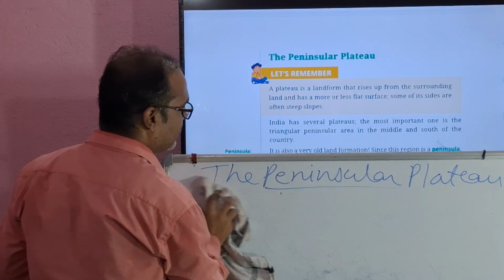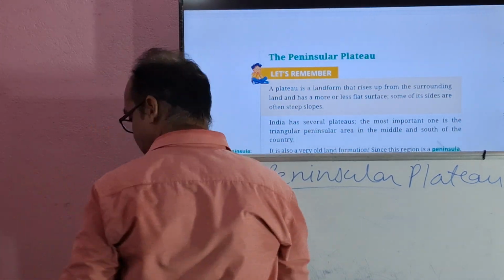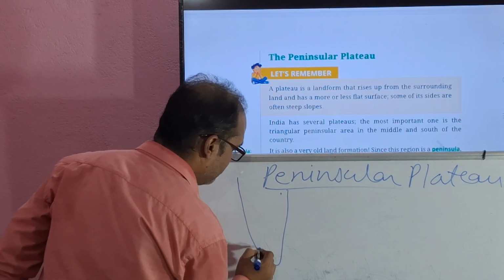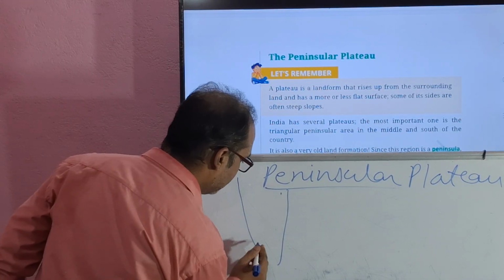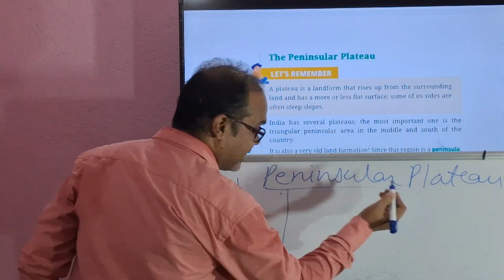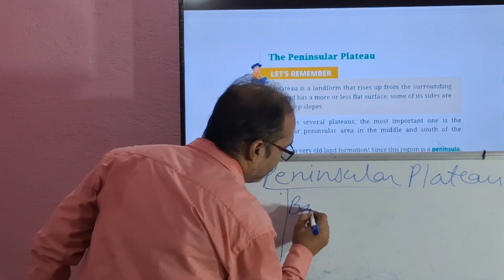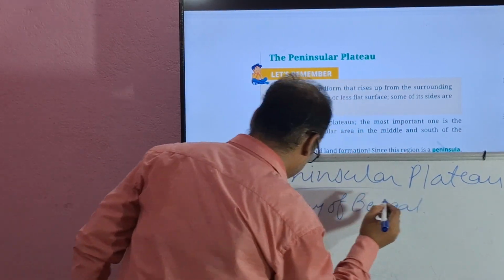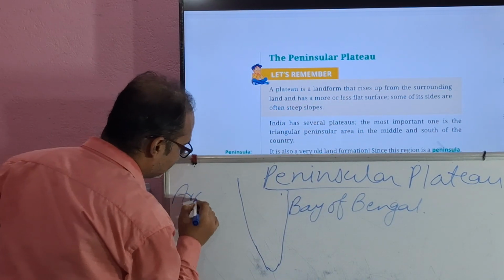Now, the southern part of India, right? This is the southern part. On the eastern side, you have the Bay of Bengal. Then on the western side, you have the Arabian Sea.